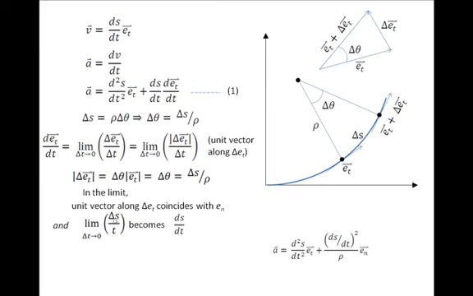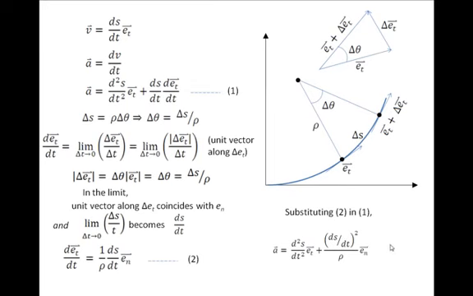Then in the limit delta t tending to 0, delta s by delta t becomes ds by dt, and therefore we can write det by dt as 1 by rho ds by dt into en. And if we substitute this expression 2 here, we get our required expression for acceleration: a is equal to d square s by dt square et plus ds by dt whole square upon rho into en.